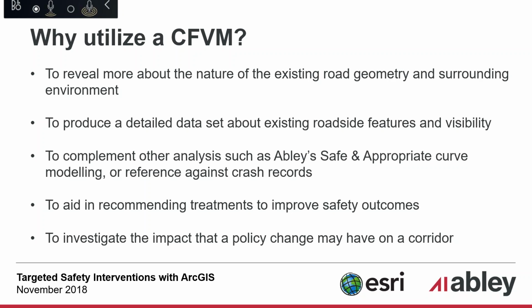This analysis can complement other work that's undertaken by roading authorities, and for our work, it can complement our Safe Curves work, and also can be matched in terms of assessing alignment with crash records and history. It's intended to aid in recommending treatments to improve safety outcomes and to investigate the impact that a policy change may have on a corridor.